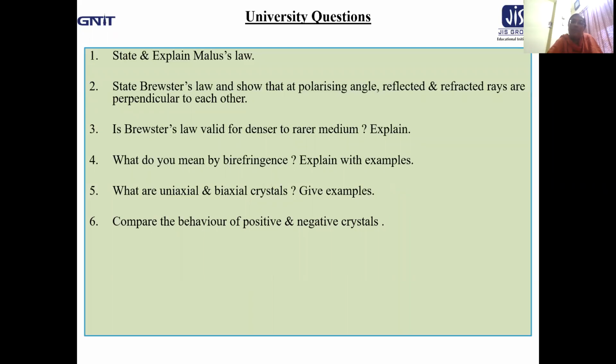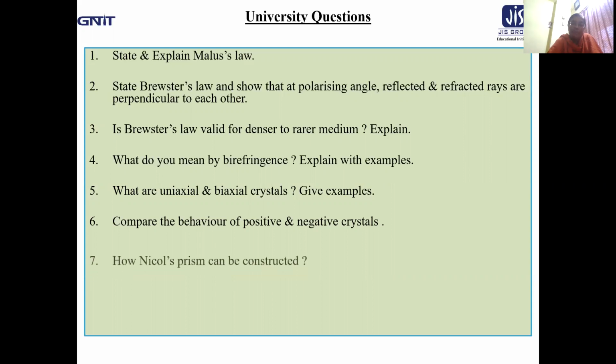If it is not given in general, then in general you will discuss that VO is greater than VE for positive, and for the negative one, VE is greater than VO. In terms of refractive indices, things will be different. Then with respect to Huygens's, you will give the idea, and obviously the examples are known to you.